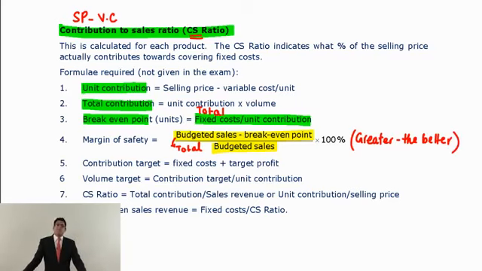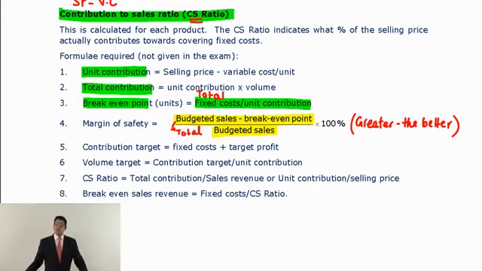A 40% margin of safety is better than a 30% margin of safety, meaning a 40% drop in sales will hit the loss area versus a 30% drop. So the wider the margin of safety, or cushion of safety, the more secure the sales plans.